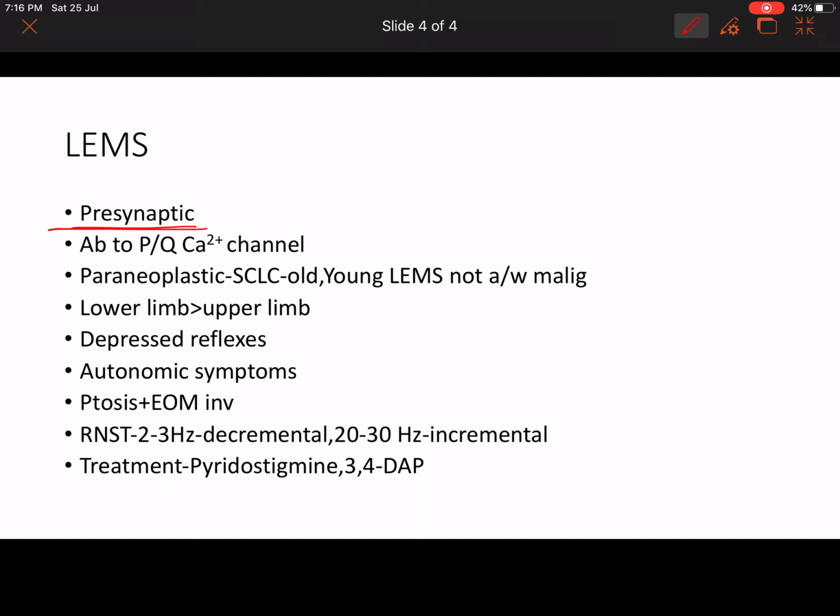So these are the other mechanisms, but here basically it's a presynaptic disease, and there are antibodies against this specific type of the calcium channel, which is the PQ type of calcium channel, which is a presynaptic calcium channel and is responsible for the depolarization of the presynaptic nerve terminal. As I have told you, it's present in 85% of the patients.